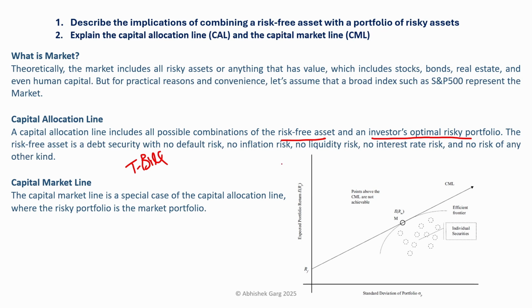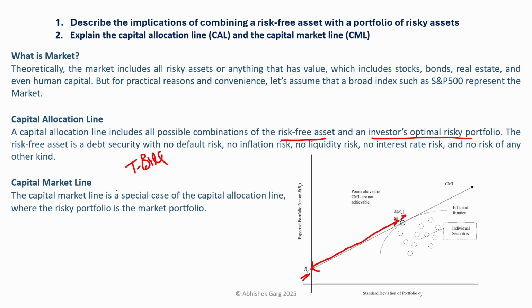So the capital allocation line defines how much capital is allocated between these two assets, the risk-free asset and your market portfolio. That is your capital allocation line.